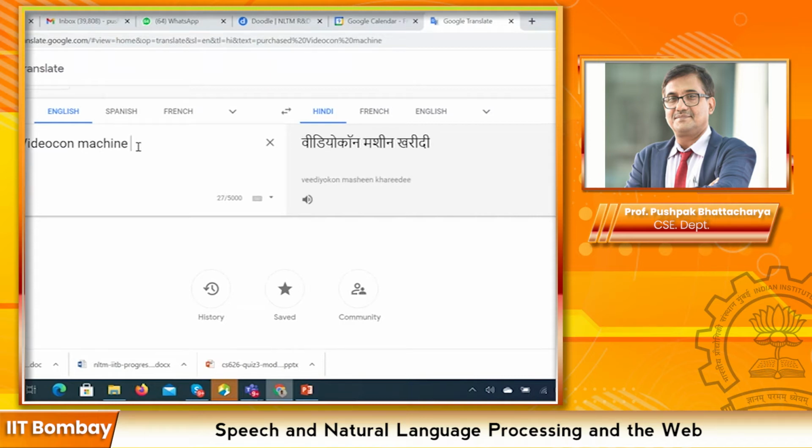So you see, it did a transformation between purchased and Videocon. First, it made Videocon kharida, and then when machine came, Videocon machine kharidi. So this was an interactive machine translation situation.